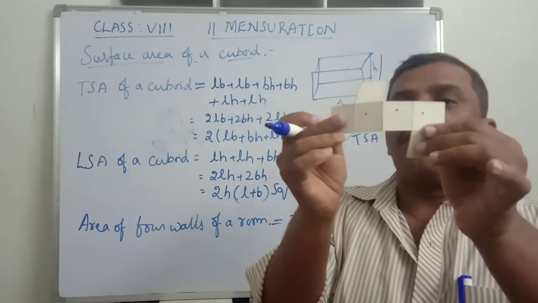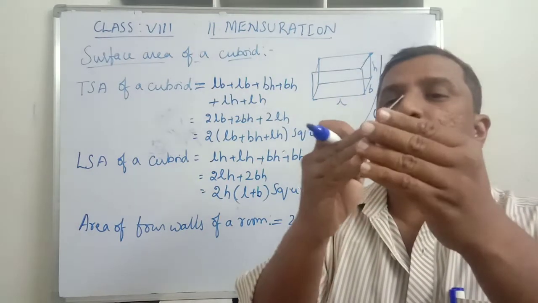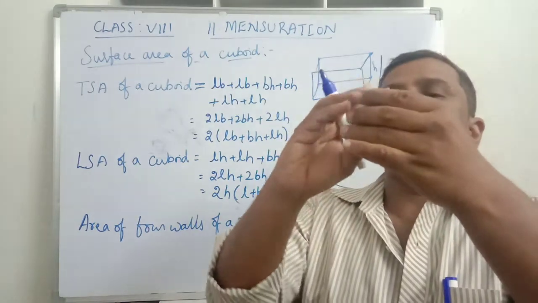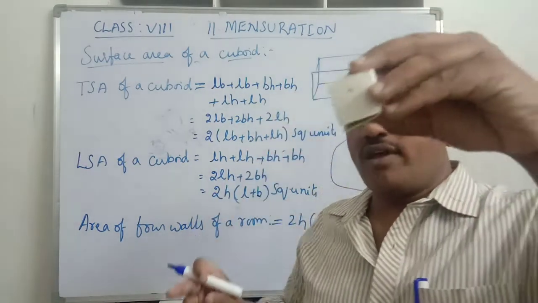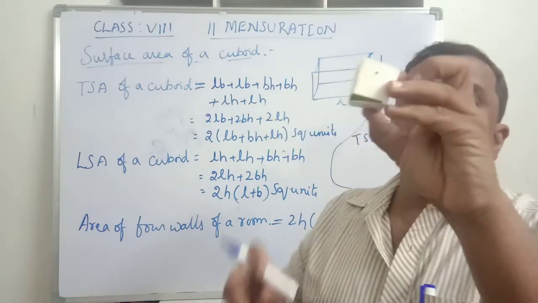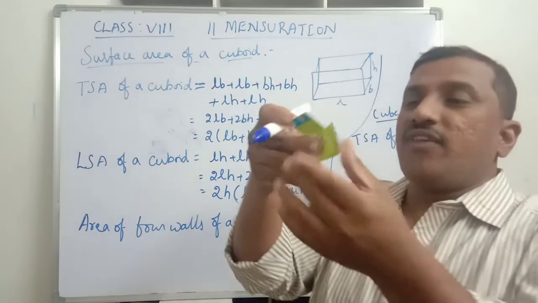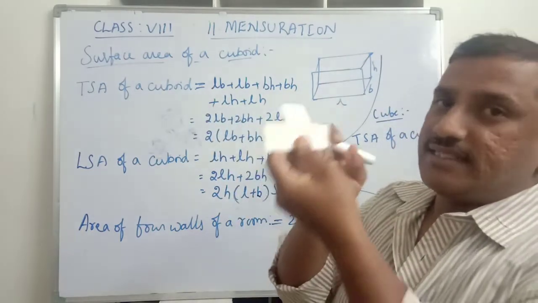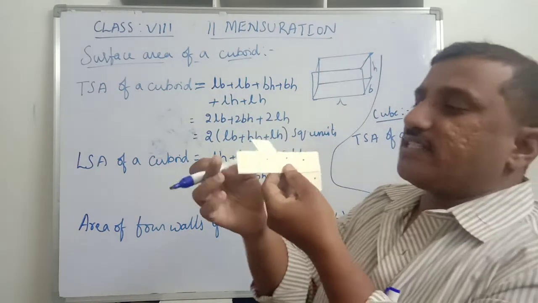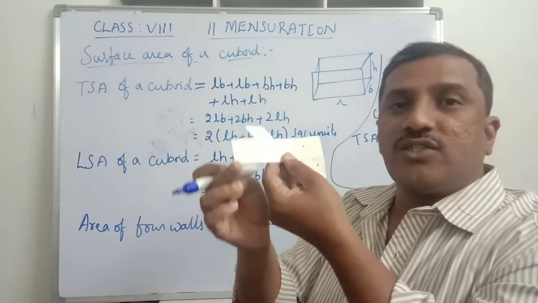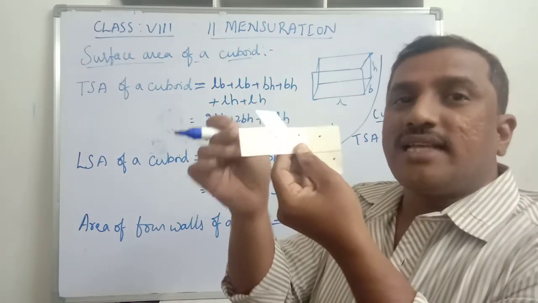So the total surface area of this cube, if you fold it in the proper way, we will get the cube. So the total surface area of this cube is equal to the sum of the areas of the 6 surfaces. What will be the area of each surface? It is L, and this is also L. Length into length, it is L square.